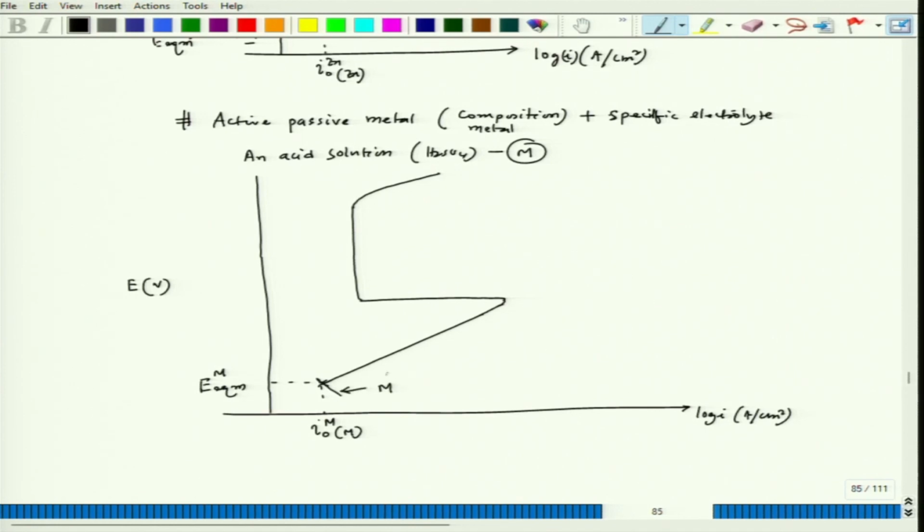This is anodic dissolution, and this is the cathodic part for that metal. Let me put it a little on the left side.